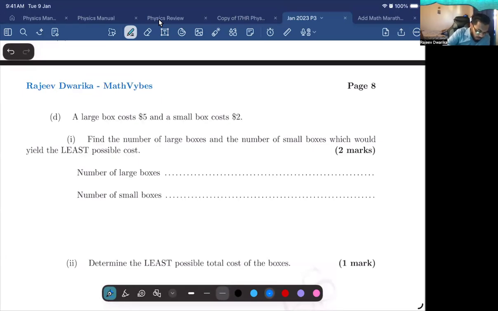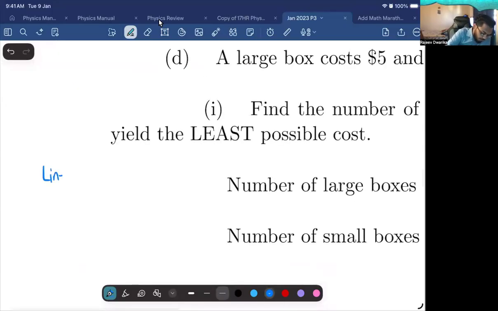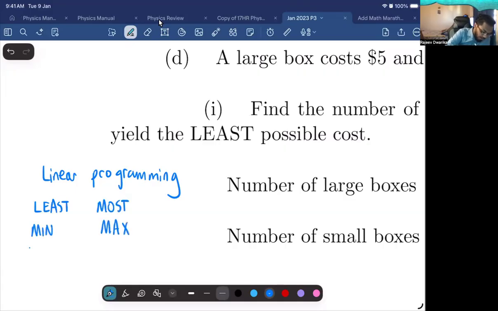Right, so guys, whenever you do a linear programming question, anytime you see them throwing about words like least or most, or just say minimum, maximum, what they are referring to is the points, the vertices, right? That's what they're referring to. The vertices of the common region. Those would represent the most extreme situations.